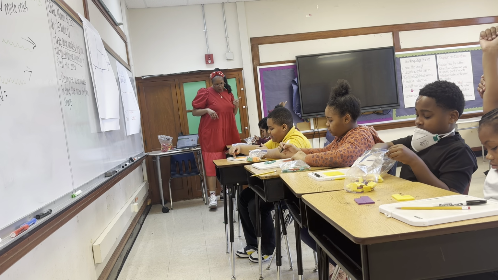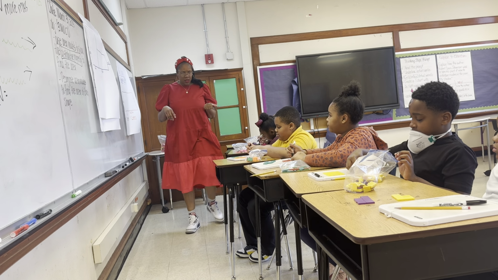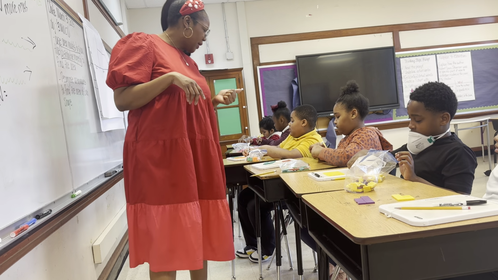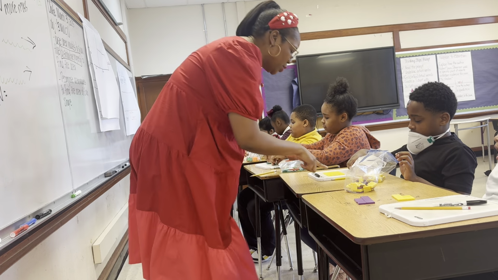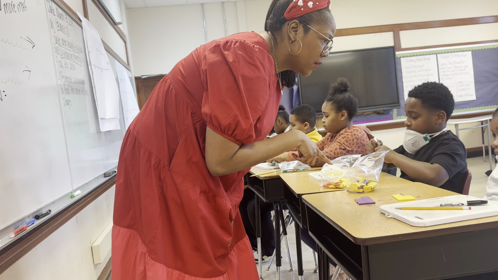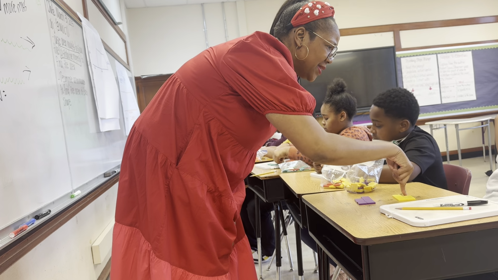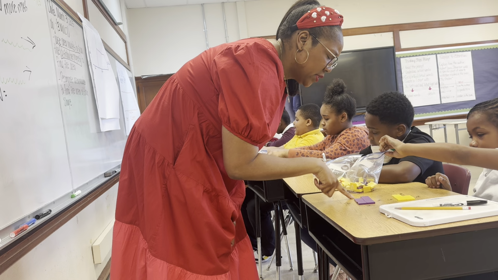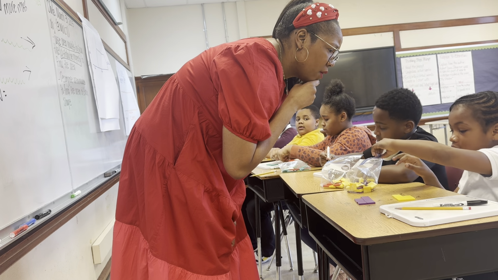Your work looks good. Yesenia, your work is looking good. All right, let's take about 30 more seconds. Okay, so now I want you to label your side lengths. This looks excellent. Is this complete? Why are these empty?